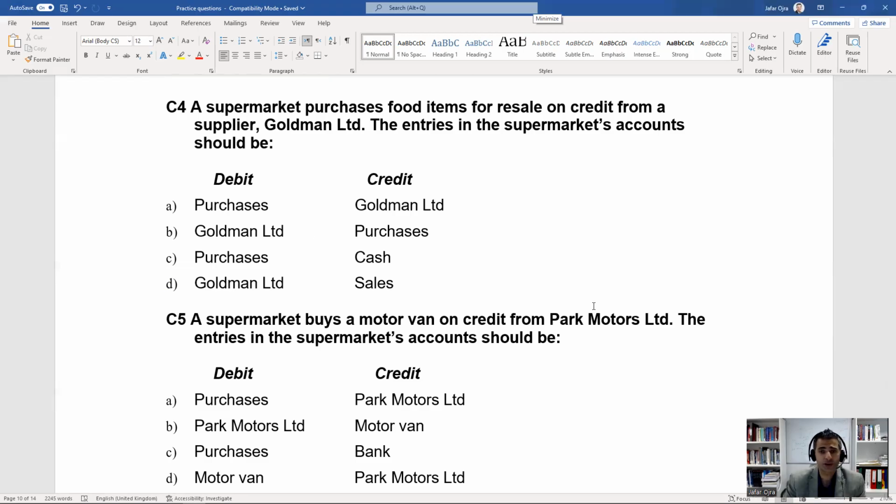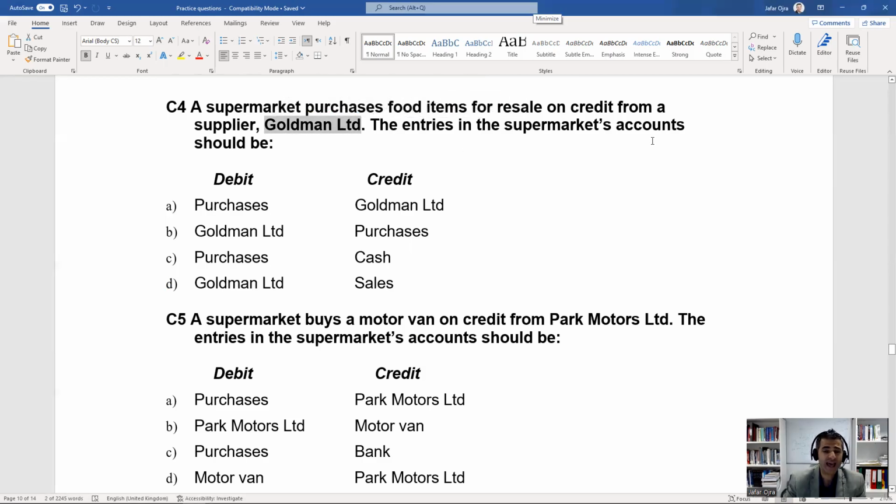So what are the entries in the supermarket's accounts? First of all, the supermarket purchases, so we look at purchases. Purchases is always on the debit side. If you go back to check the rules, you can see purchases is always on the debit side. So we have A or C. And the credit side must be trade payable, which is Goldman Limited.